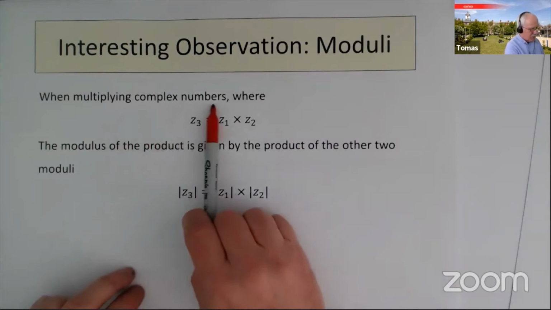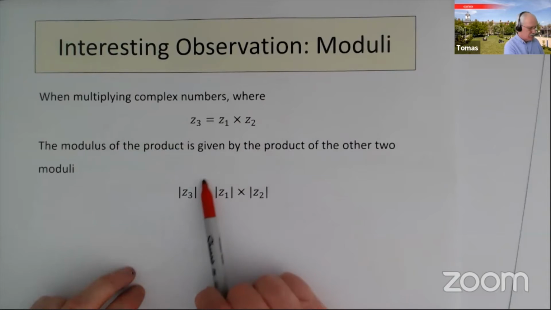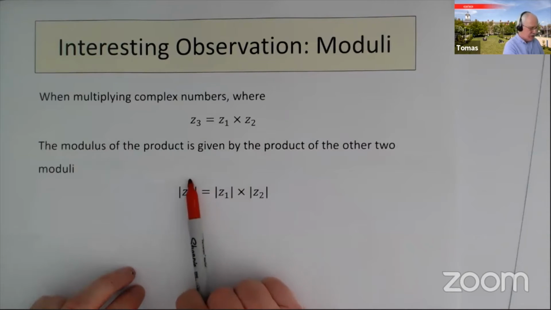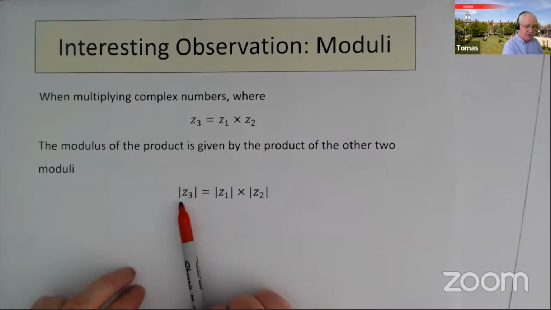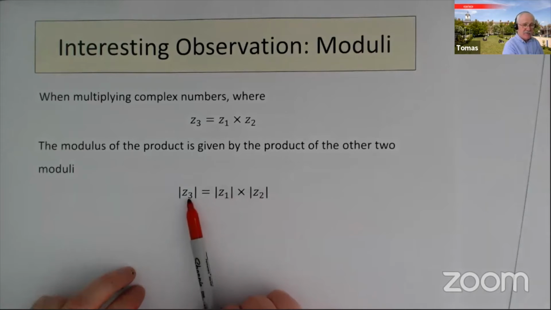When multiplying complex numbers together, where Z3 is Z1 times Z2, the size, the absolute value, the length of the complex number from 0 plus 0i, its distance, is equal to the product of the other two. So that's interesting. If they're already far away from 0 plus 0i, the answer will be very far away.